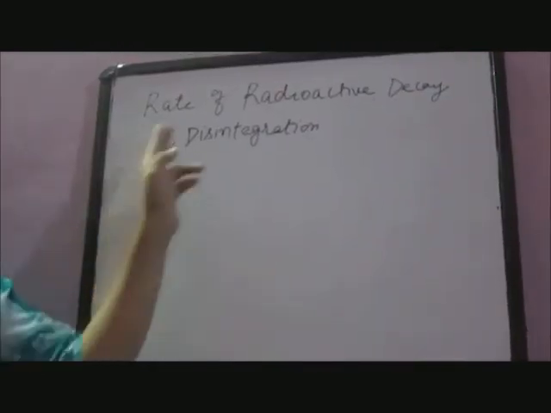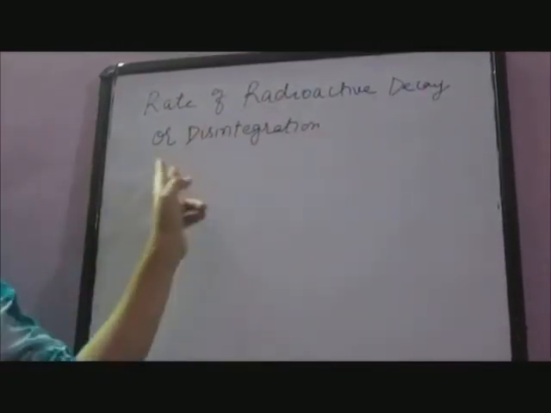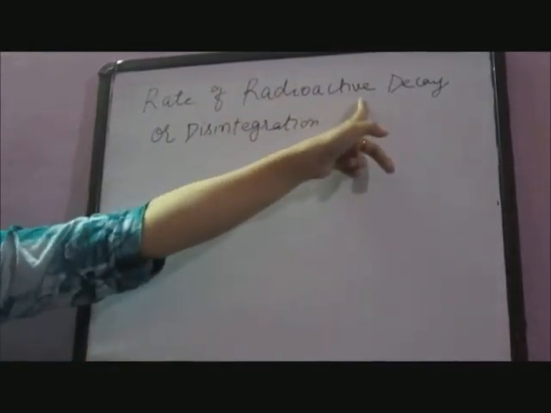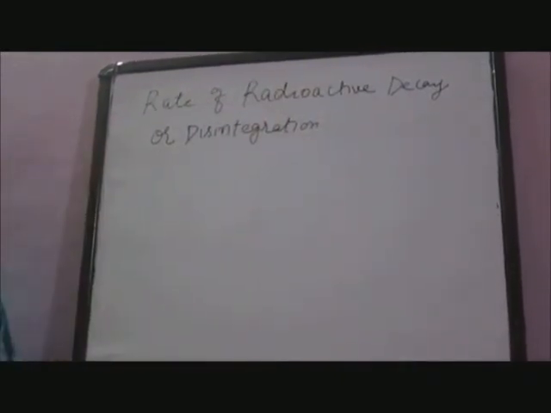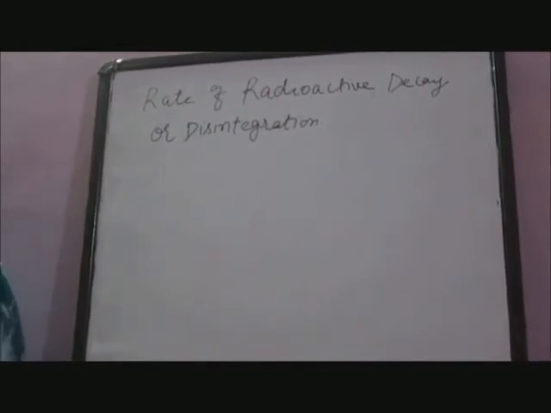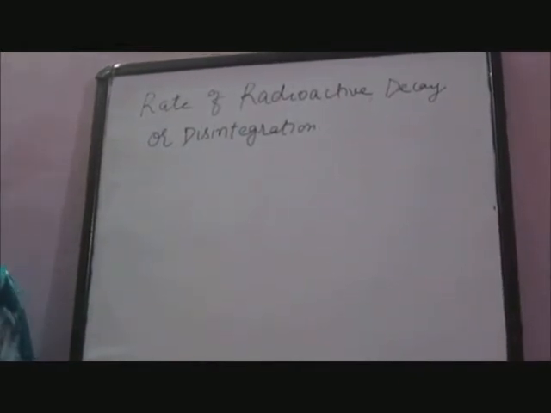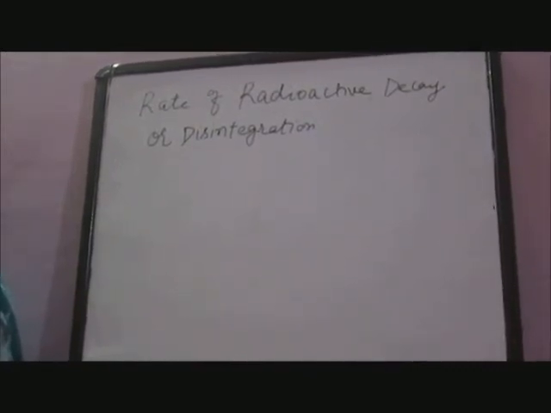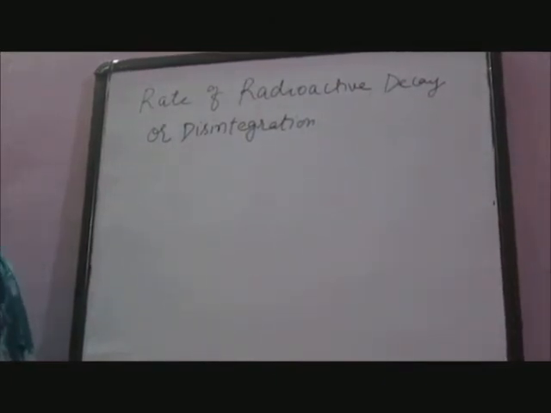Next topic is rate of radioactive decay or disintegration. What do you mean by radioactivity? Radioactivity is the phenomenon in which radioactive elements spontaneously emit alpha, beta and gamma radiations. This phenomenon is called natural radioactivity.